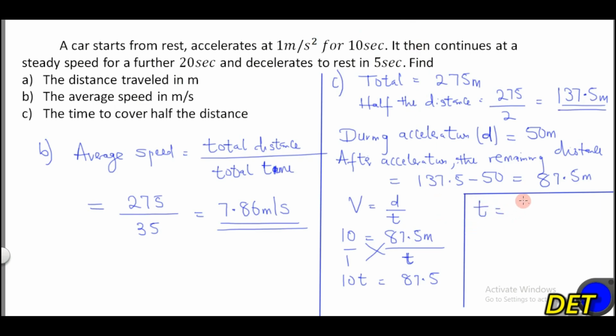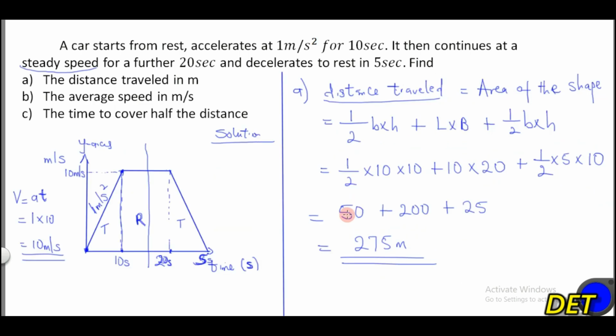So our t will be equal to 87.5 divided by 10, which is 8.75 seconds, right? This is the time that is taken to cover the remaining distance of 87.5 meters. The time taken to accelerate, to cover a distance of 50 meters, is 10 seconds.